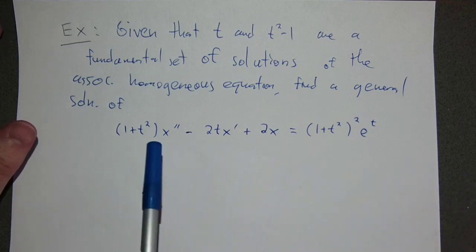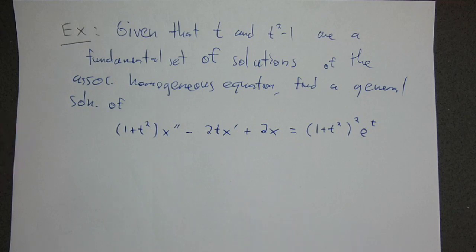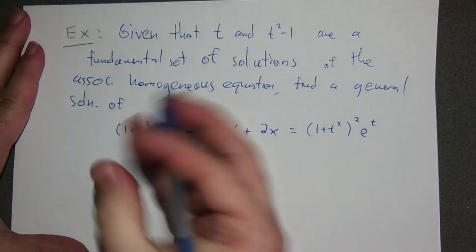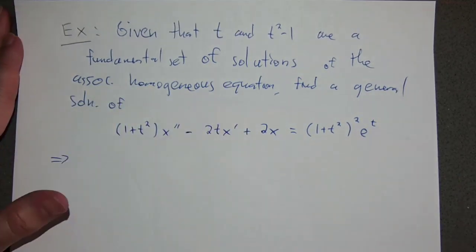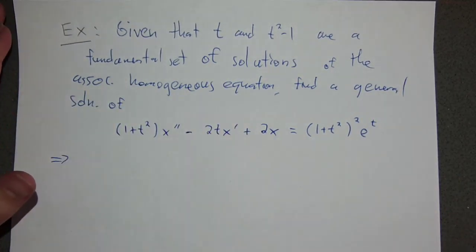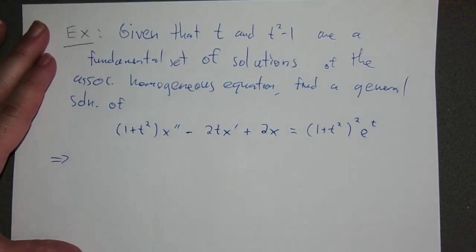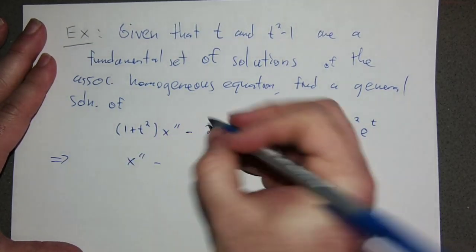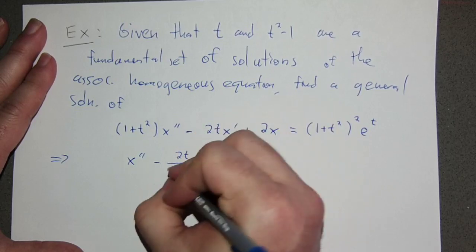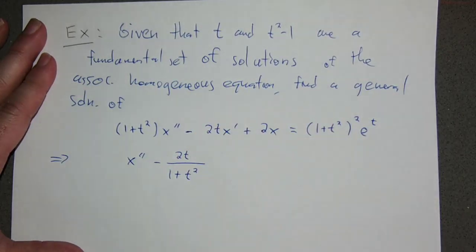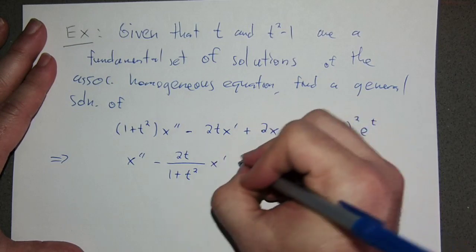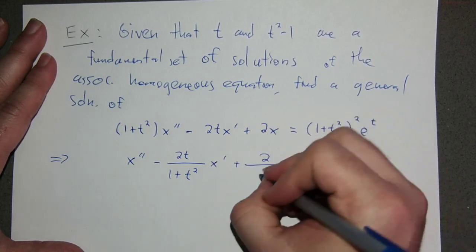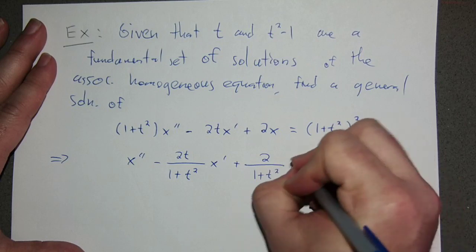Looking at this again, you also obviously know that this is not the form that I should leave this in. So if I want to actually proceed, everything that we did assumes that this thing has already been put into standard normal form. So I've got to do that here. So dividing through by 1 plus t squared, this is x double prime minus 2t over (1 plus t squared) x prime plus 2 over (1 plus t squared) times x.